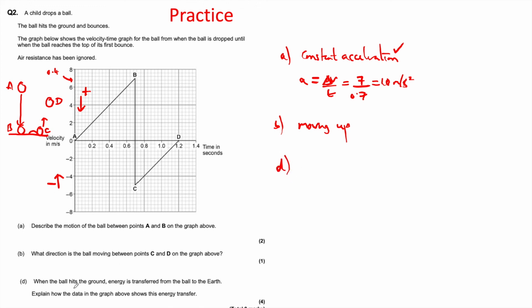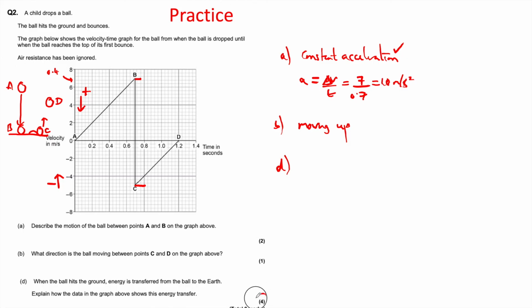Part D, I don't know why we haven't got part C, but part D. When the ball hits the ground, energy is transferred from the ball to the earth. Explain how the data in the graph above shows this energy transfer. Well, of course, the data is that it hits the ground at 7 meters a second, and it rebounds at only 5 meters a second.